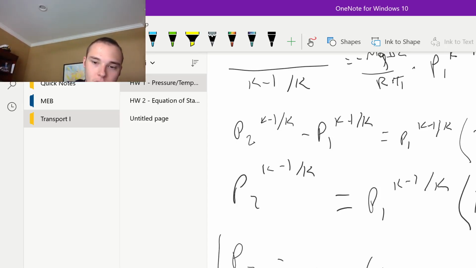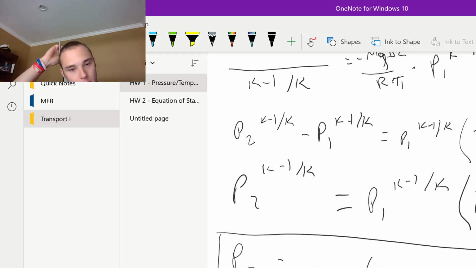So this is our final pressure that relates the change in altitude. As you can see, the changing variable in this equation is the delta Z, which is the change in altitude.